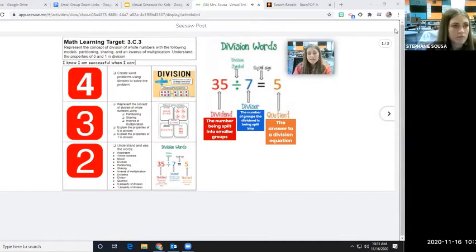The dividend is the larger number that's going to be broken into smaller equal groups. The divisor is the second number in a division equation, and this number represents the total number of groups that will exist. The final number, the quotient, will represent the number of items inside of each group.